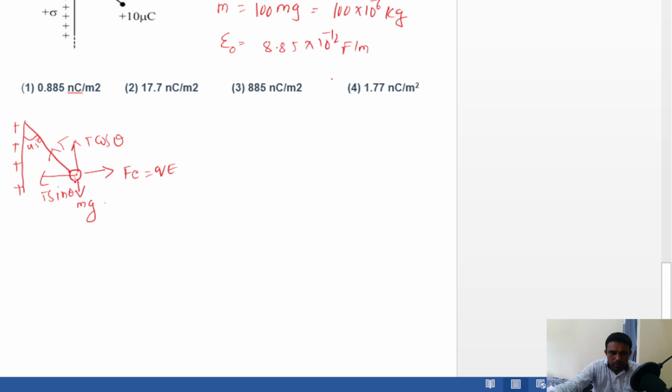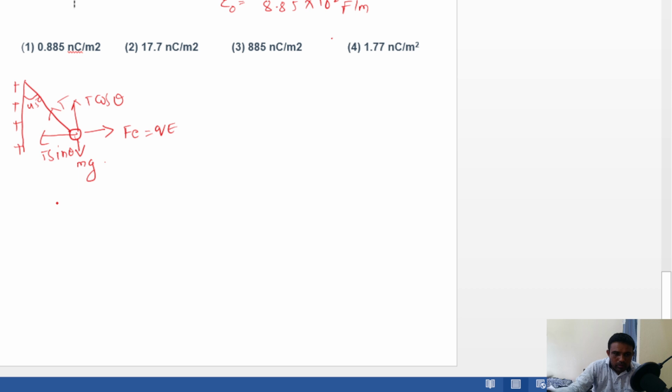From this free body diagram, we observe that T cos theta is equal to mg. Next, QE is equal to T sin theta. Okay, so from this equation, T is equal to mg by cos theta.